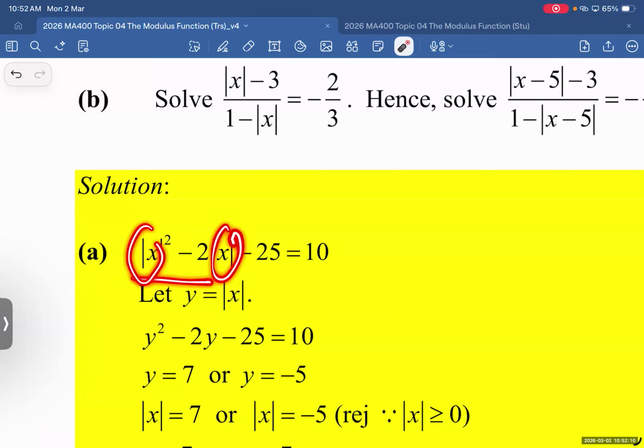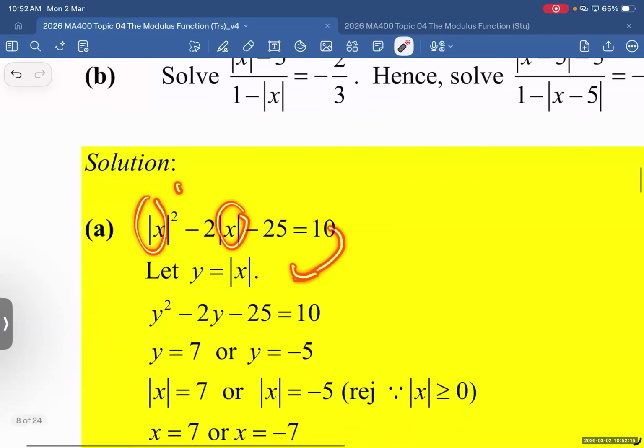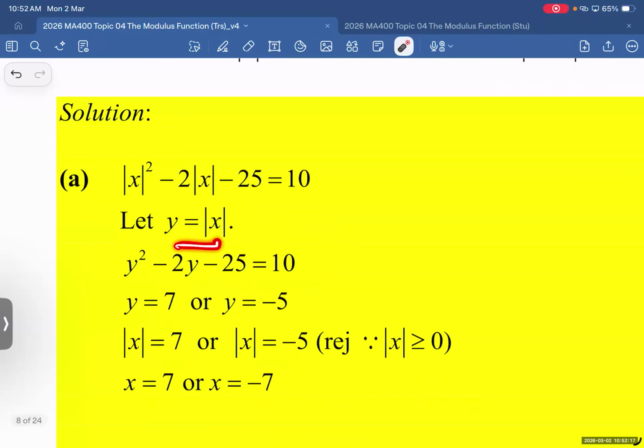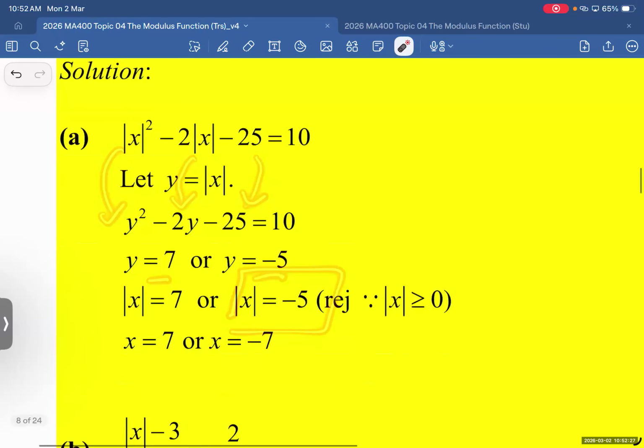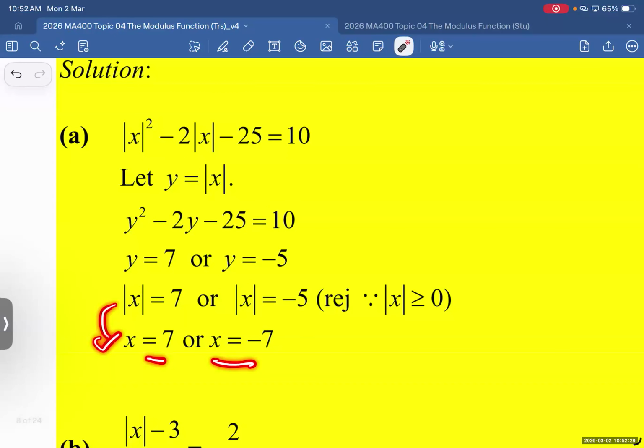Once they are the same variable, it's like a quadratic equation. I let y be modulus x. So this is like y squared minus 2y minus 35, y is 7 or y is minus 5. If y is minus 5, mod x equals minus 5, which is rejected. So it gives you x = 7 or x = -7.